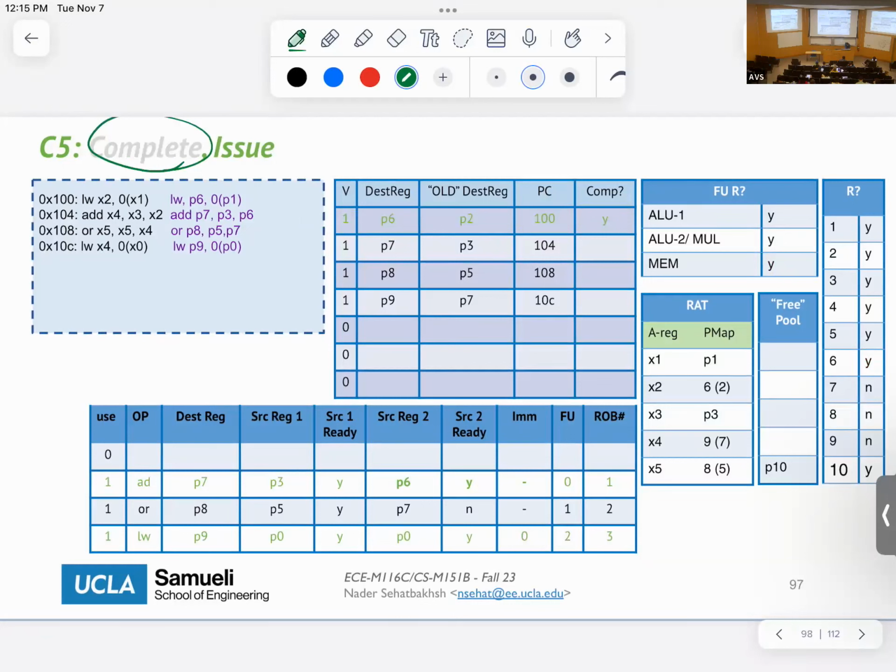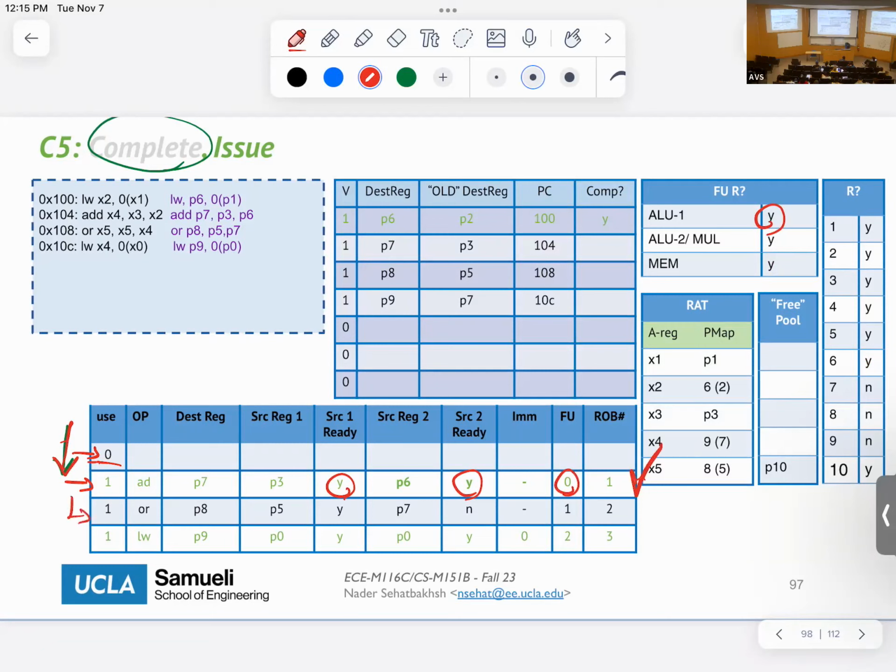So now let's talk about the issue. As I said, issue is this logic that goes through this table and checks each line one by one. It first checks this first one and sees that it is not valid, then checks this one and sees yes, yes, and then functional unit 0 is also yes. So this is the first thing that we're going to issue.